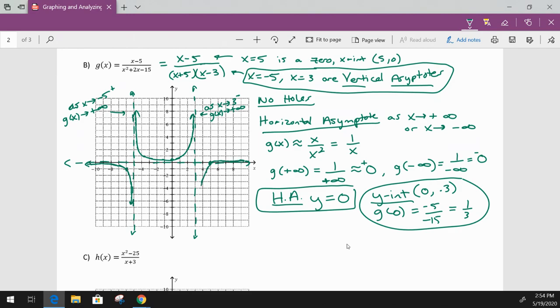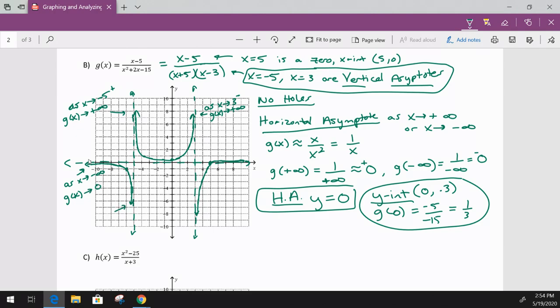This one does, however, keep getting closer and closer to an x value of 3. All right, so let's describe each of these ends. As x approaches -infinity on this side, the function g of x is approaching 0.